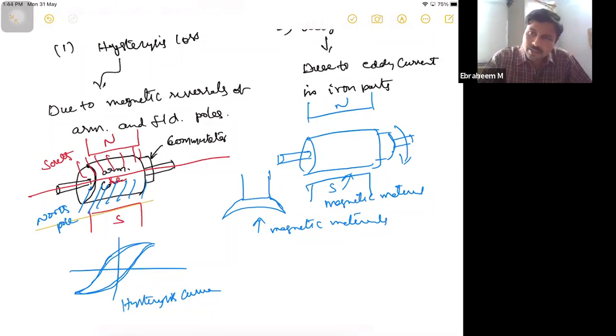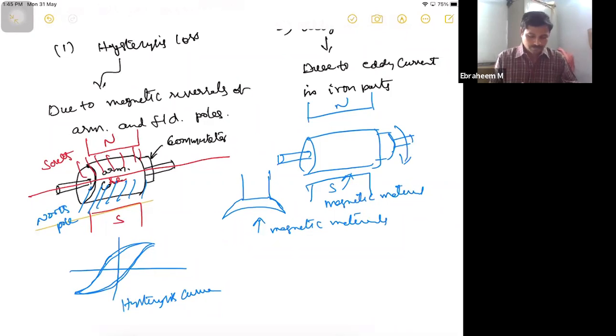But the core and the armature winding are isolated. You will have the winding completely isolated. If it is a conductor of a winding, there will be a thin layer of insulation. So current flowing through this conductor, even though it is on the core, will not pass through the core. Similarly, current flowing in the core cannot enter the winding.